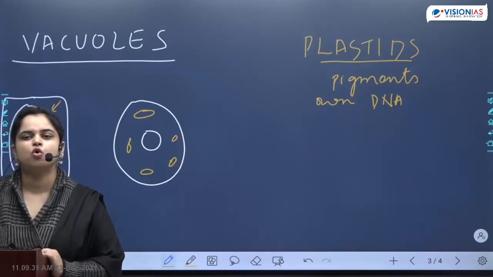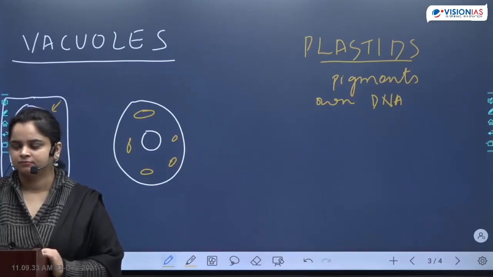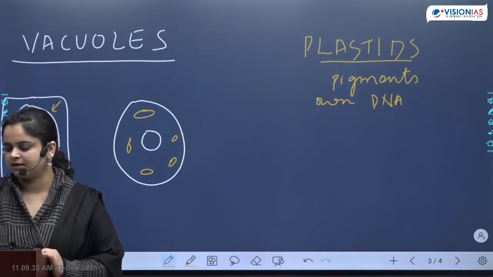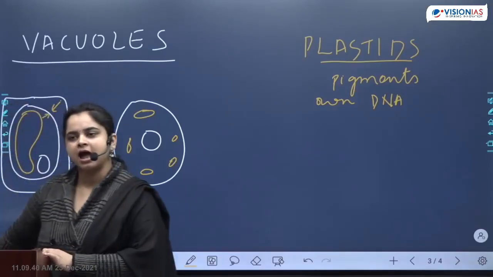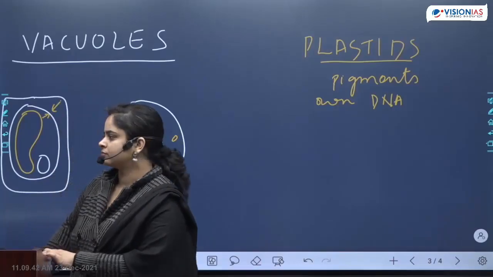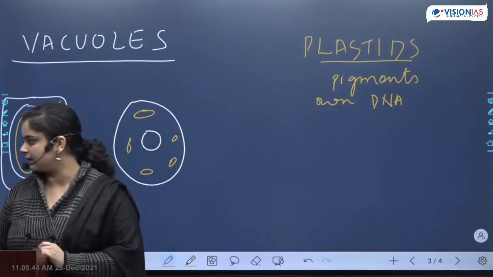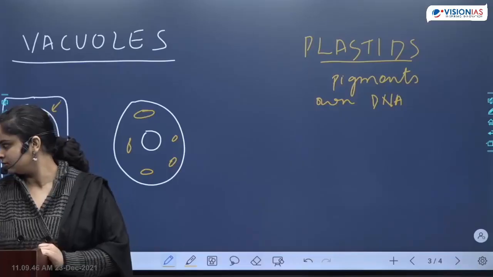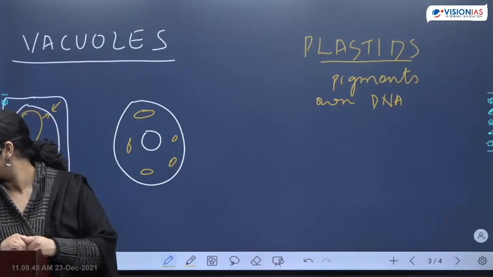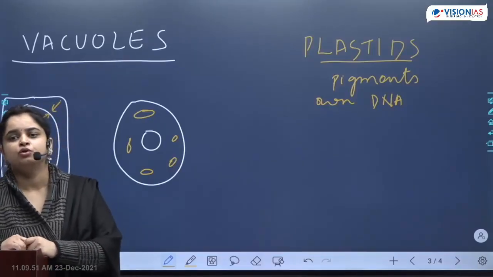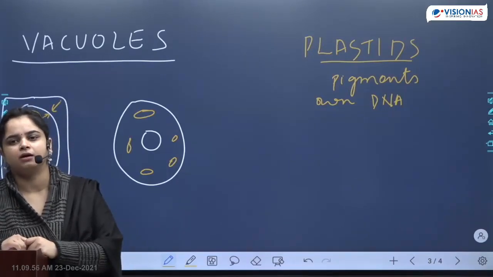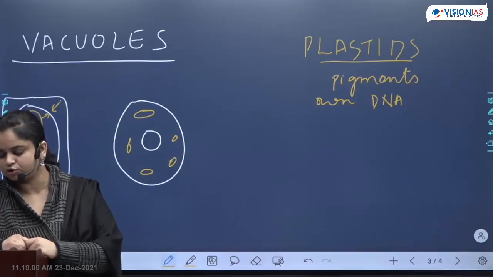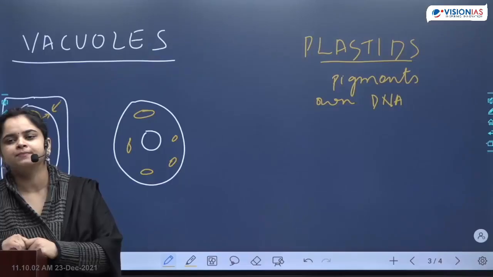They have their own DNA. And give different colors to different parts of the plant.